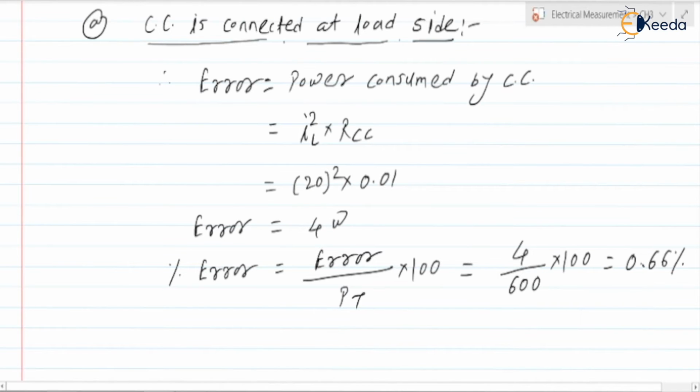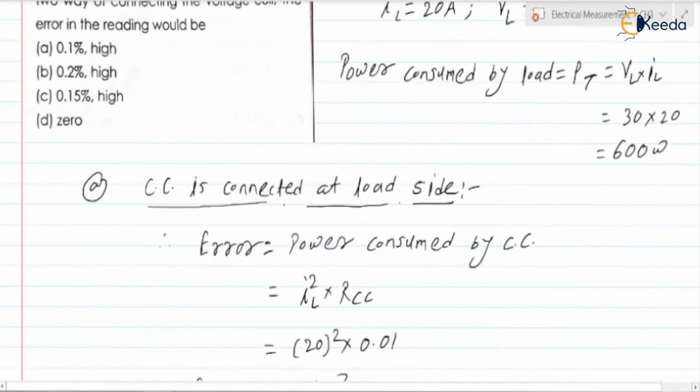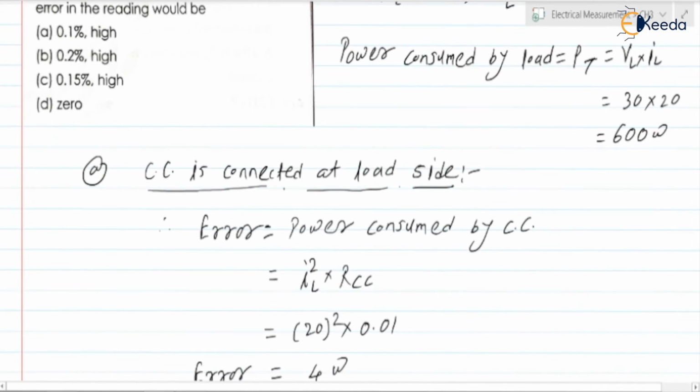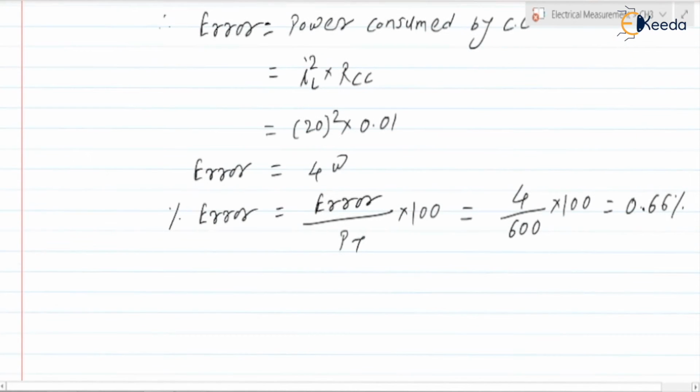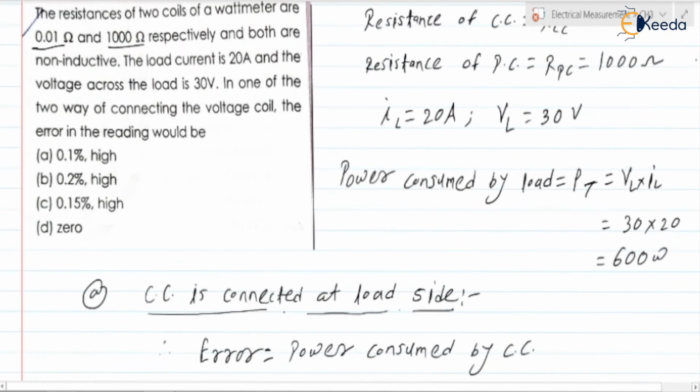This is 0.66% high when the current coil is connected at the load side. But if you check, this is not among the options. Let us check the second connection, because in the question they have given one of the two ways.